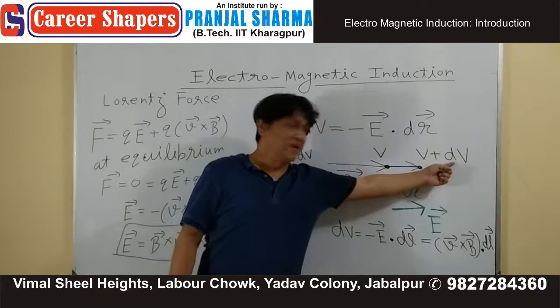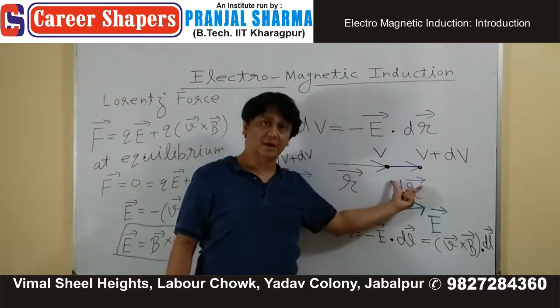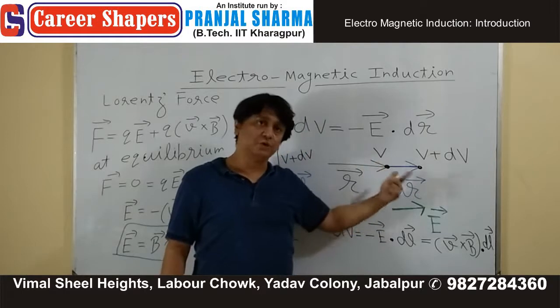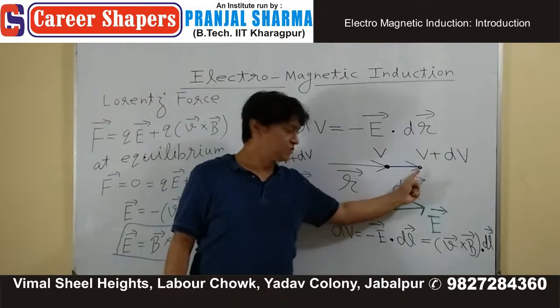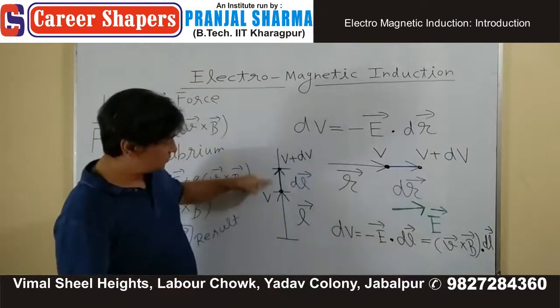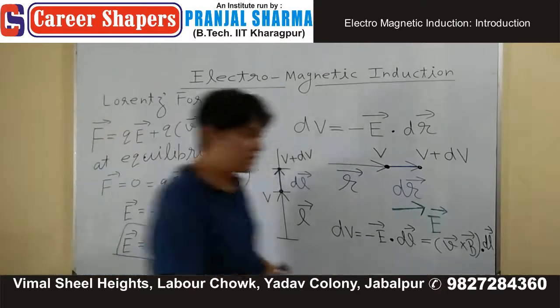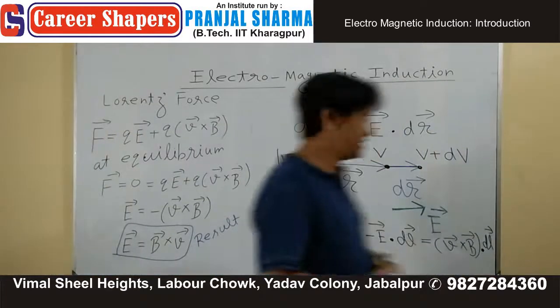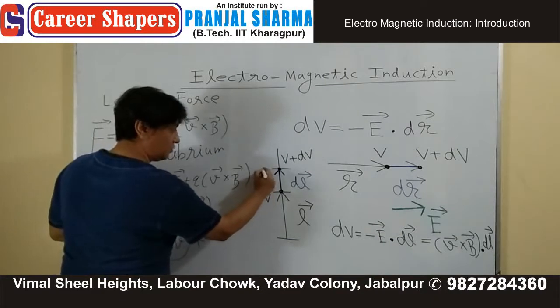What is the meaning of dV? dV is the potential difference across dr. What is it that is producing this potential difference? The electric field which is present in this region. So what is producing the potential difference across this dl? It is the electric field E, which we had shown with this red arrow.